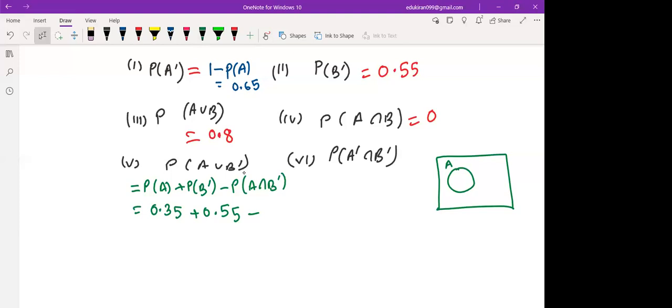This is A, this is B, the Venn diagram, and there is nothing common between them.